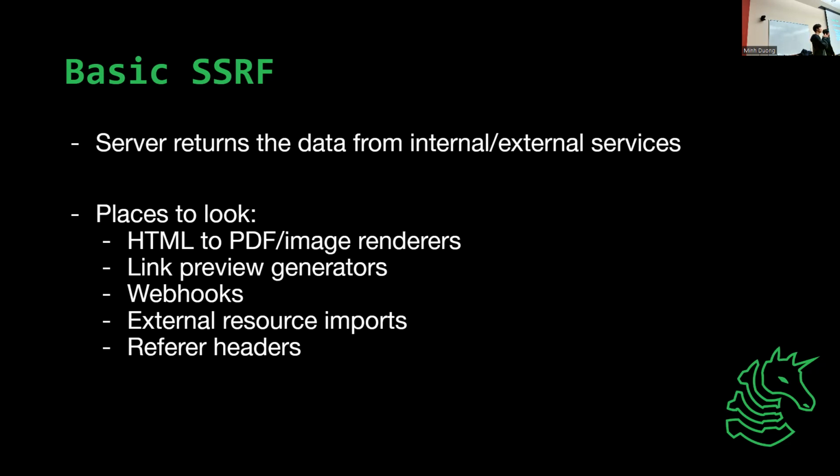If you click a link from another site, your browser will send a header called the referrer header with the value of the site that you came from, and some analytics stacks will take that header value and actually visit it for some analytic purposes, and you might be able to get SSRF that way.